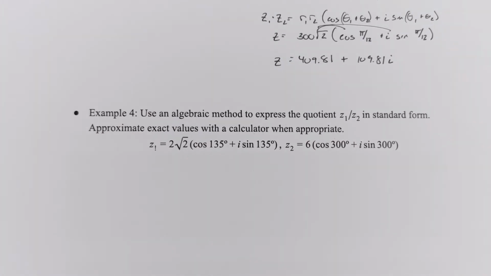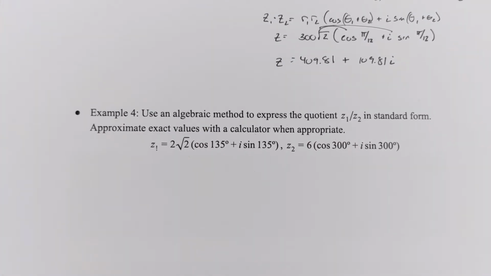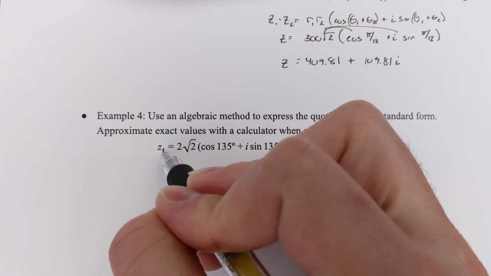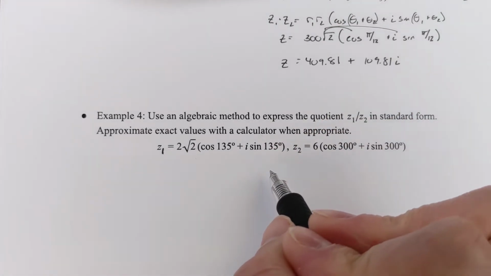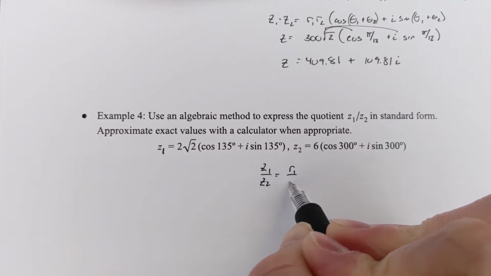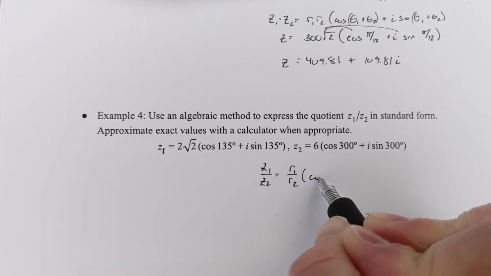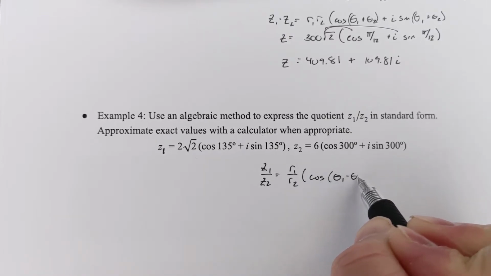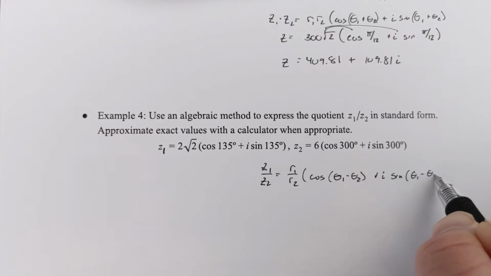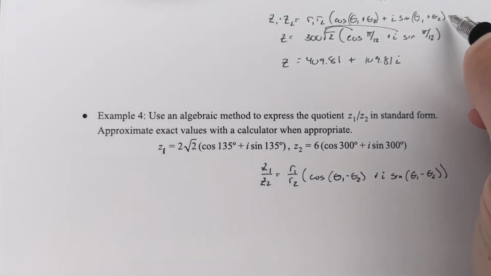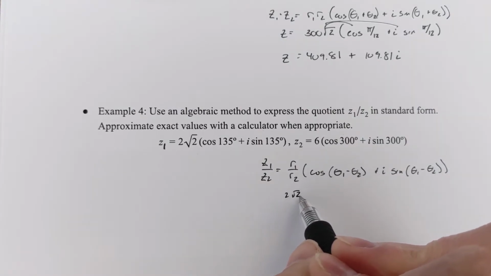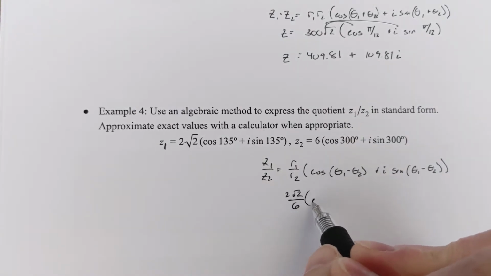All right, so for 4, express the quotient in standard form. So that should be z1 over z2, which is equal to r1 over r2 times cosine of theta 1 minus theta 2, plus i sine of theta 1 minus theta 2. So that's going to be 2 root 2 over 6 cosine.